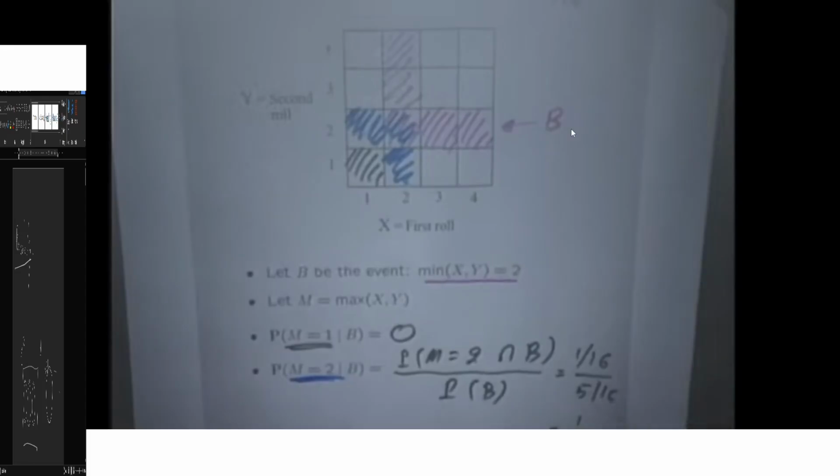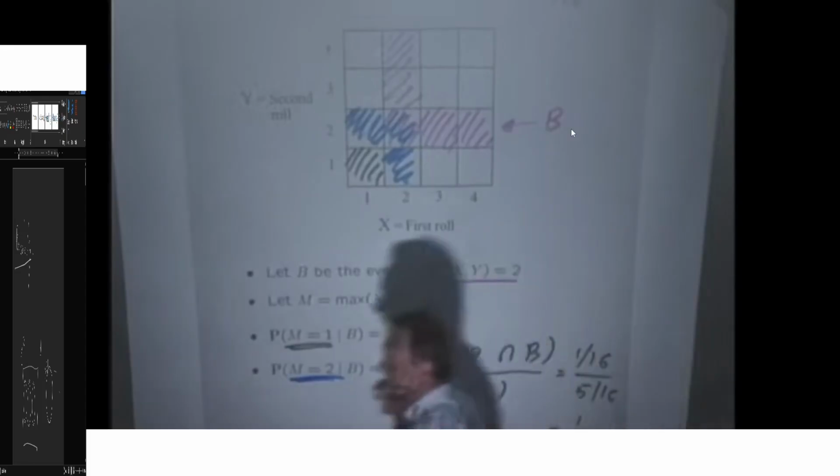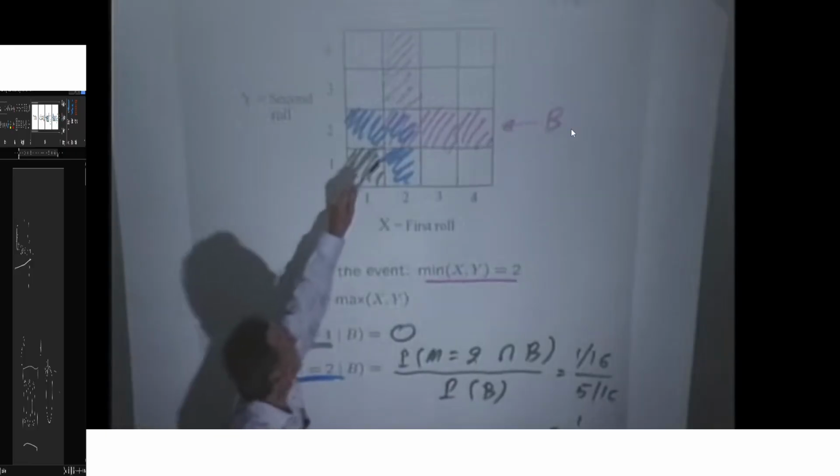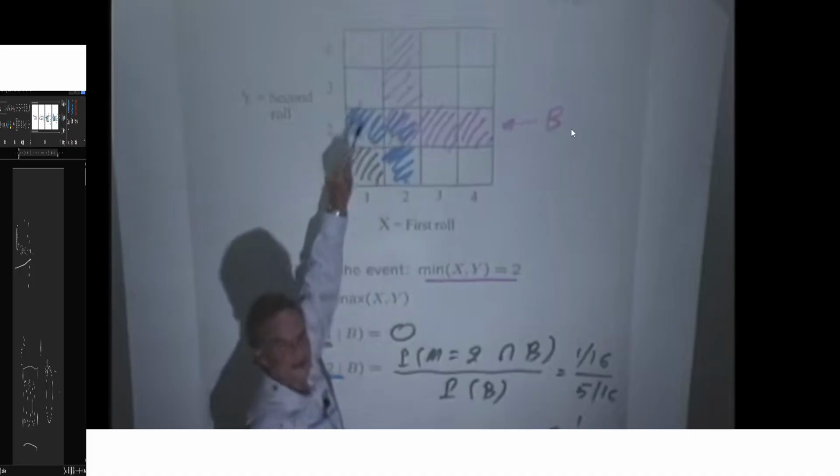Could we have gotten this answer in a faster way? Yes. Here's how it goes. We're trying to find the conditional probability that we get this point, given that B occurred. B consists of 5 elements. All of those 5 elements were equally likely when we started, so they remain equally likely afterwards, because when we define conditional probabilities, we keep the same proportions inside the set.